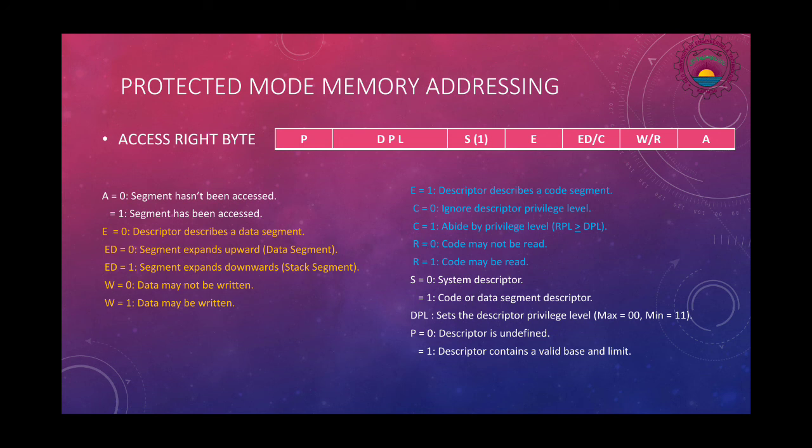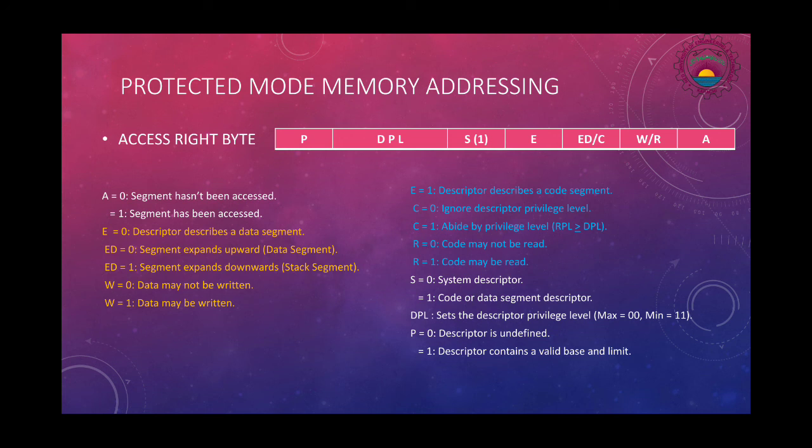If the P bit is 1, that means in this descriptor you have valid base and limit values. Otherwise, if the P bit is 0, then whatever values of base and limit you have from this descriptor are not valid.